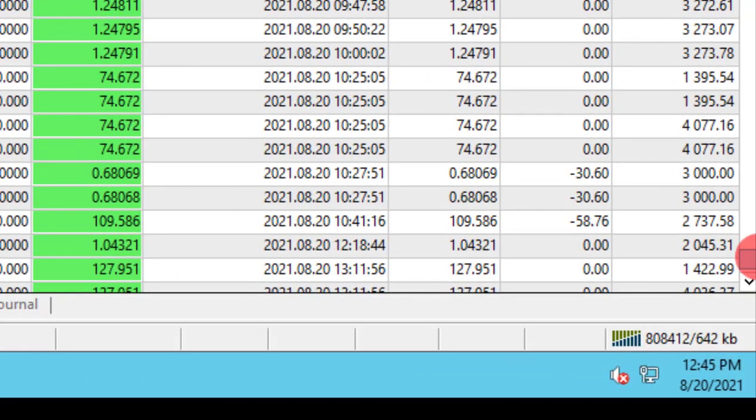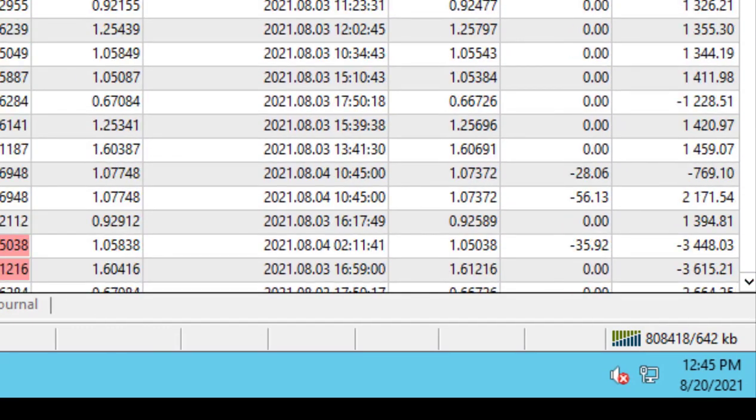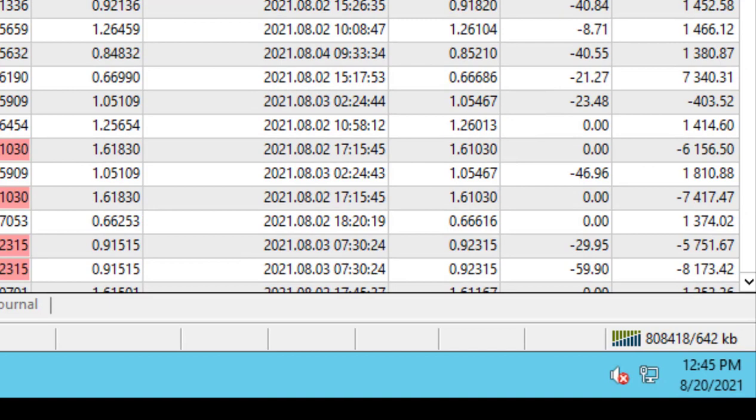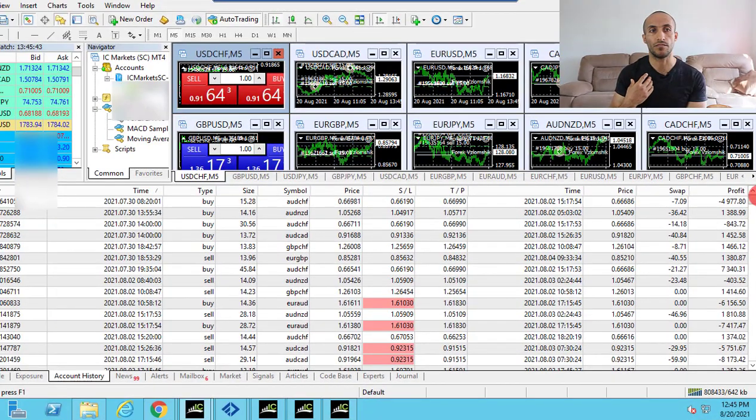So if I go to account history, I started it yesterday. Yeah, yesterday afternoon, guys. So imagine it was after 12 p.m. The best time of trading, as I experienced and learned, is from 3 a.m. till 3 p.m. UK time.